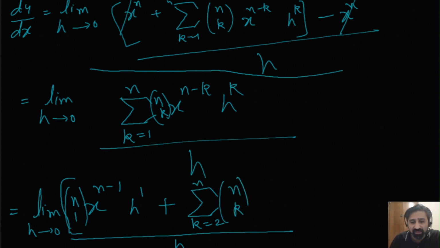n choose k and x to the power of n minus k, and then left with h to the power of k.